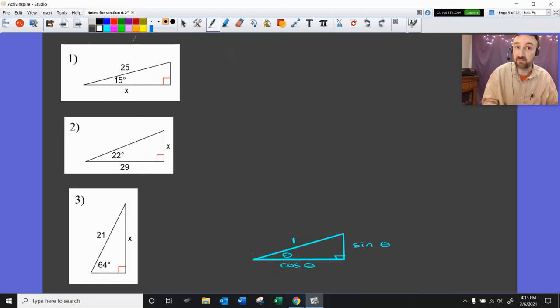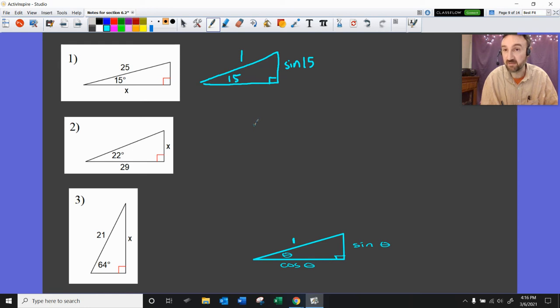Here's how I solve these problems. I draw in another triangle, and then I just label it. It's a 15-degree triangle. The hypotenuse is 1. The opposite side is sine of 15 degrees. The adjacent side is cosine of 15 degrees. And then I can set up a proportion.